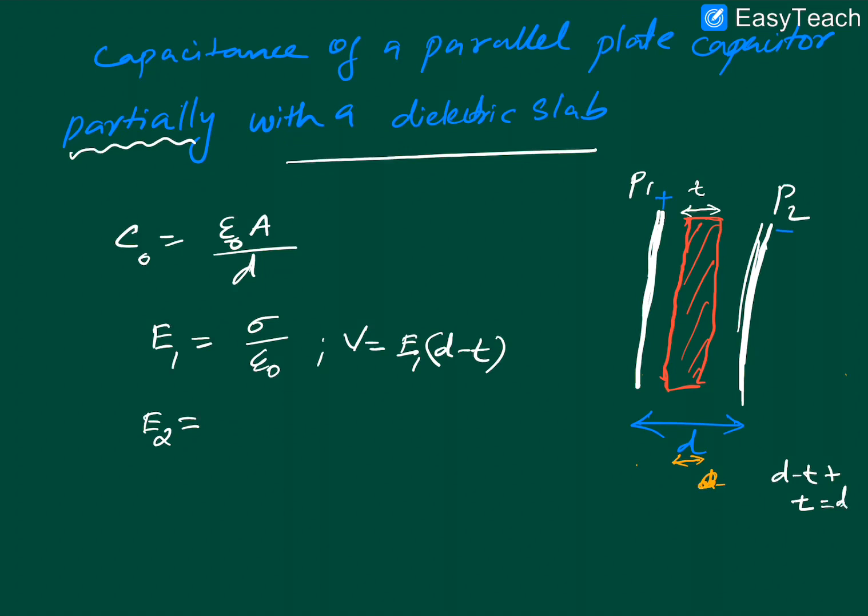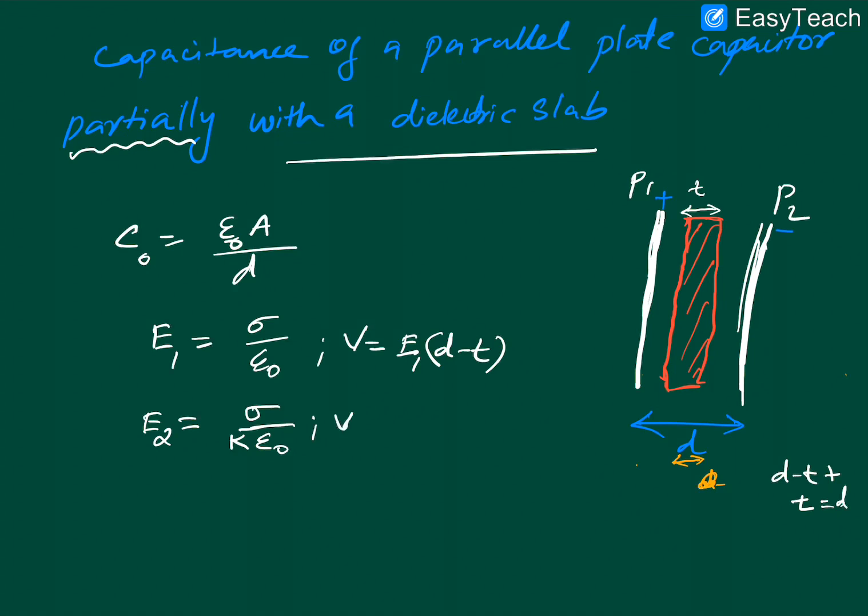So the net field will get reduced by a factor of K, that also we discussed in the previous lecture. Hence the net field in the slab will be sigma by epsilon 0 reduced by K. Original field is sigma by epsilon 0, but in that slab the field will get reduced by a factor of K, where K is the dielectric constant of that slab, isn't it? This is what we discussed in the last lecture.